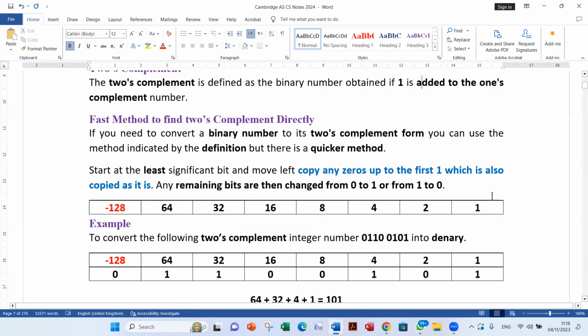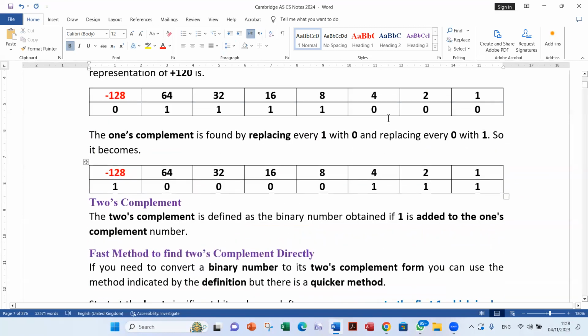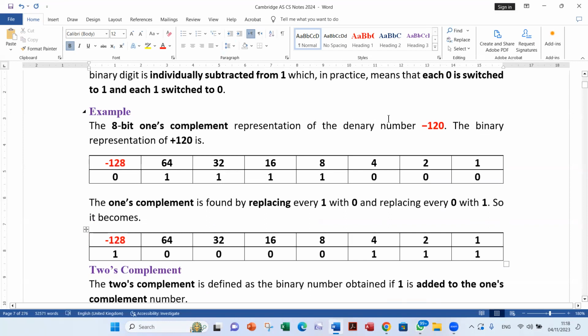However, I have a fast method to find the 2's complement directly, and this is what I have been using in the O level, because there I don't need to mention the 1's complement. If you need to convert a binary number to its 2's complement form, you can use the method indicated by the definition: first get the 1's complement and add 1 to it.